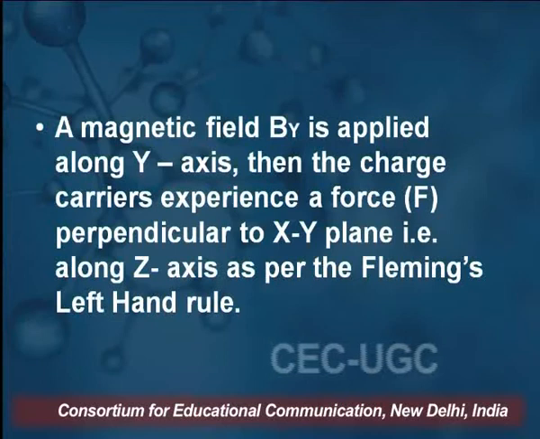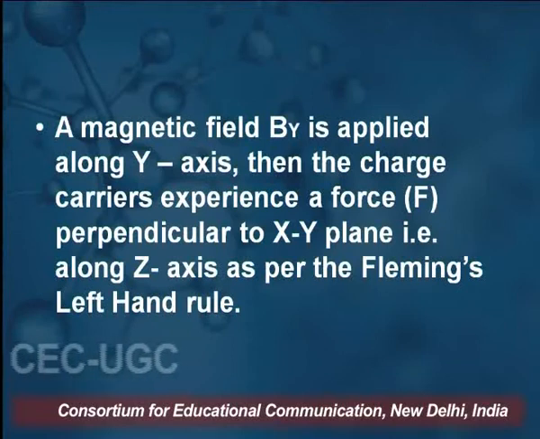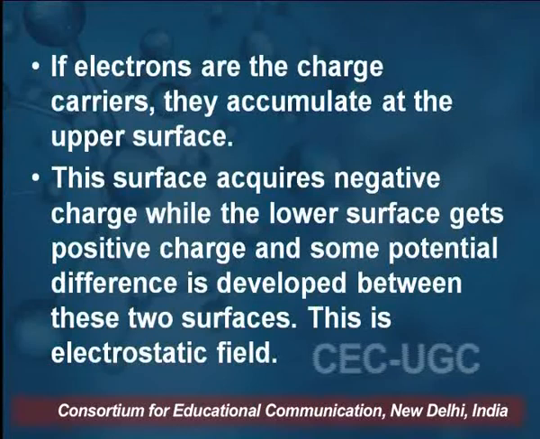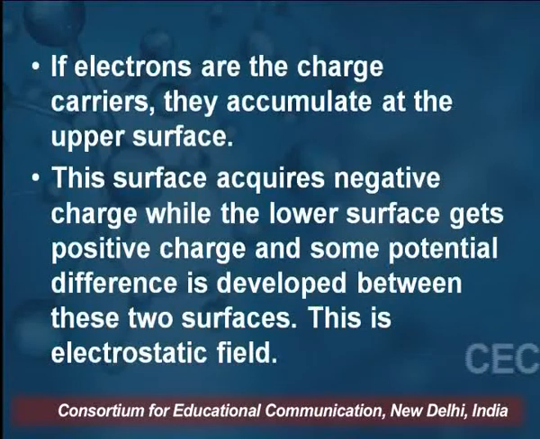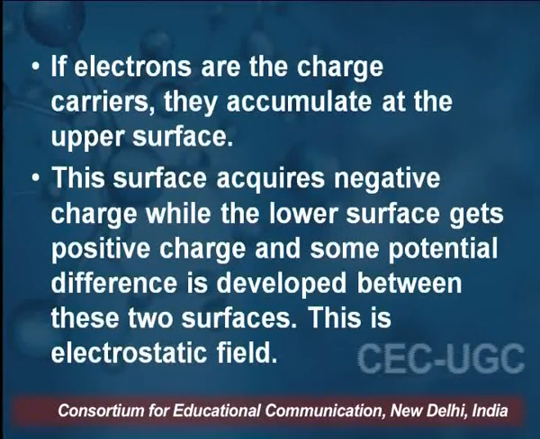Because of this force experienced by the charge carriers, a potential voltage develops, that is the Hall voltage. If the electrons are the charge carriers, they accumulate at the upper surface. This surface acquires a negative charge, while the lower surface, where holes accumulate, gets a positive charge.